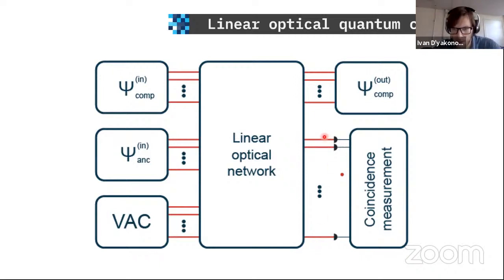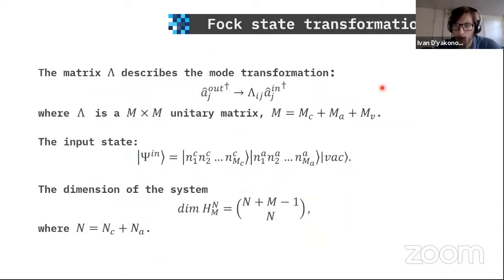Given this signal in the coincidence measurement, we can decide which state is on the output in this computational subspace on top. So the goal is to optimize the linear optical network in such a way that some triggering signals from the coincidence measurement give you the best probability to find the state which you want, or to implement the gate on the input logical states in the desired fashion.